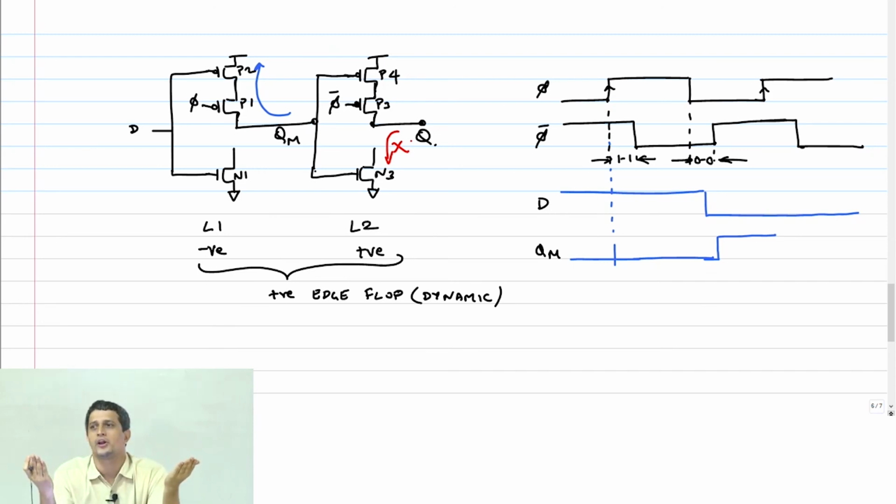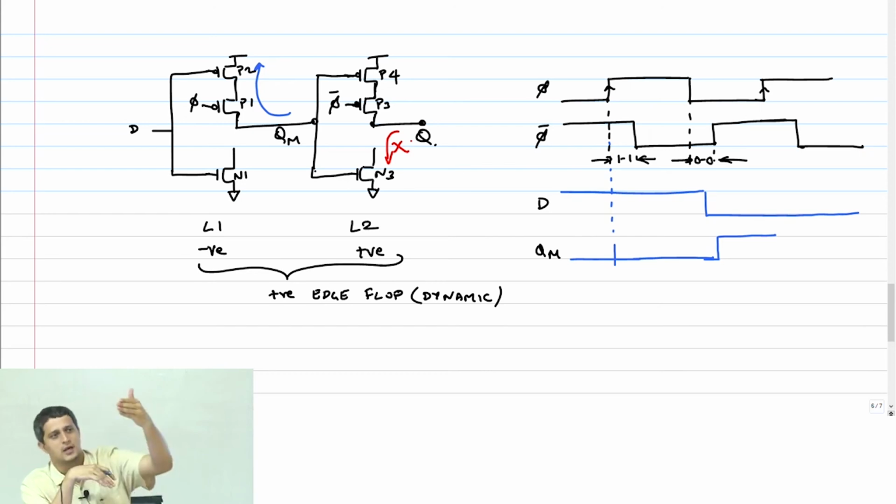What is it that did the trick compared to the previous case? We analyzed an earlier case where, on the non-sampling edge, the overlap was a problem, and we said you have to make sure that the delay through these gates takes care of the overlap.